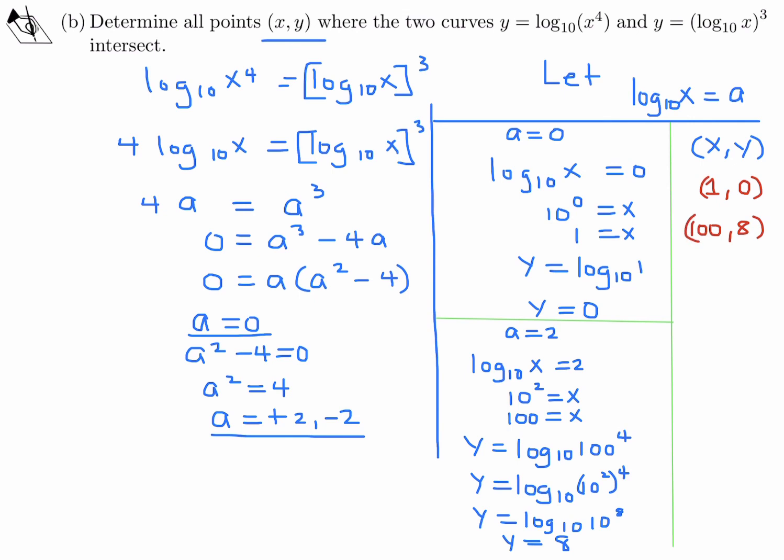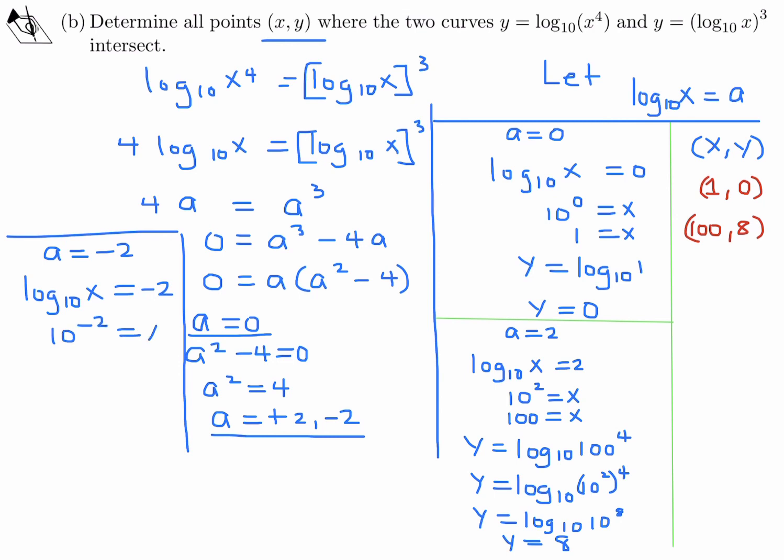We got one more. I think I can squeeze it in anywhere. I'll just do it over here. And that final one is when a is minus 2. When a is minus 2, we have log of x to the base 10 is minus 2. So 10 to the minus 2 is equal to x, and therefore x is equal to 1 over 100. If x is 1 over 100, we substitute into the y equation.